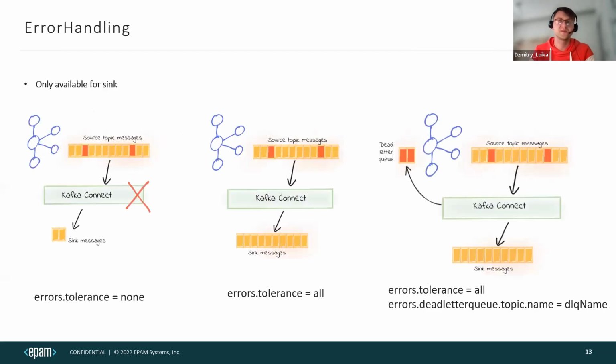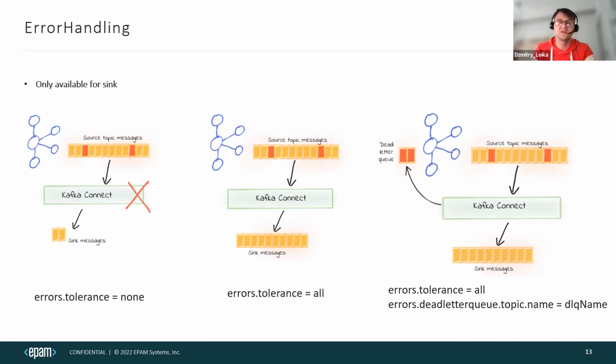And now, discussing error handling. It's a very interesting topic because, as I said previously, we have two types of Kafka connectors: sink and source. But by design, error handling out of the box is implemented only on the sink part.